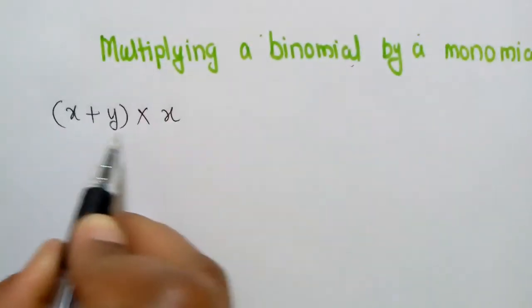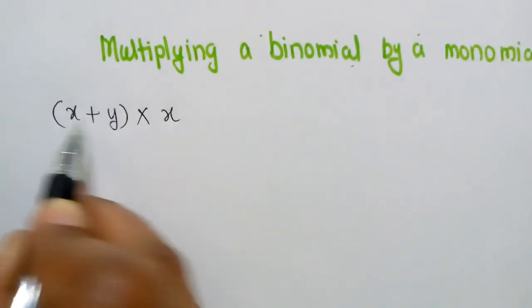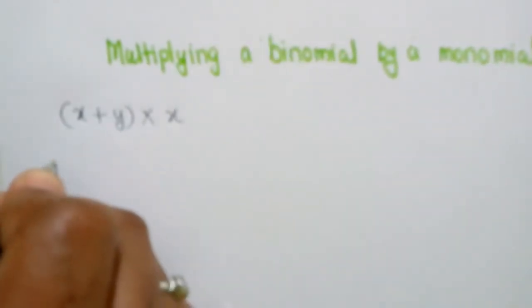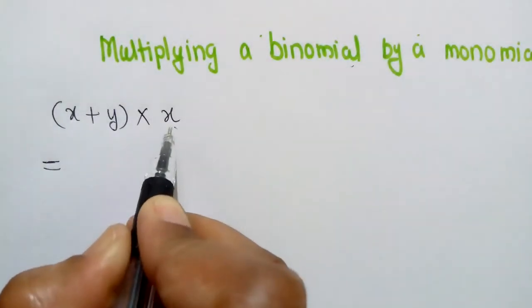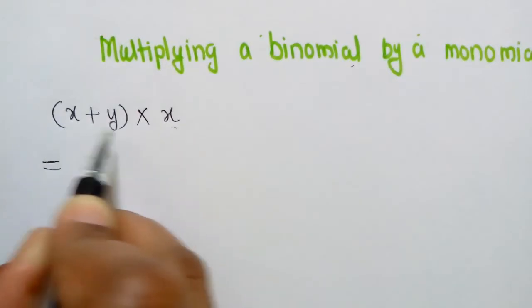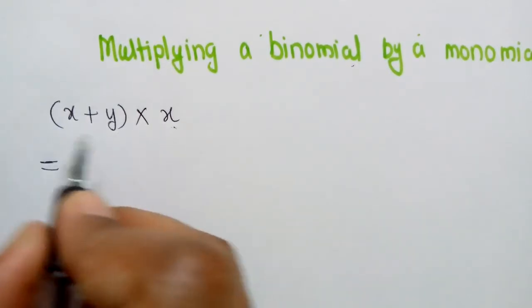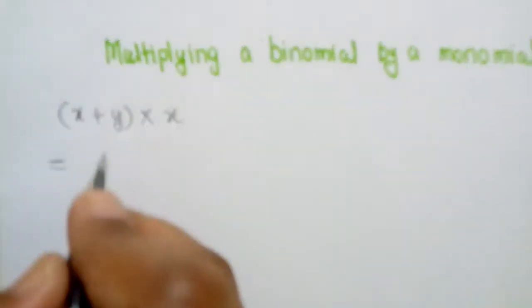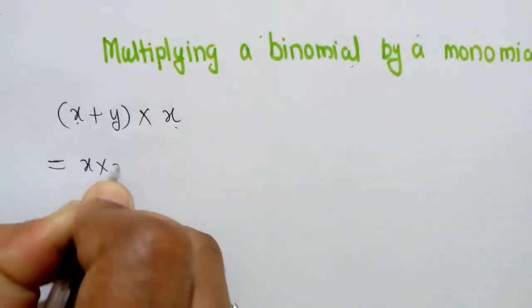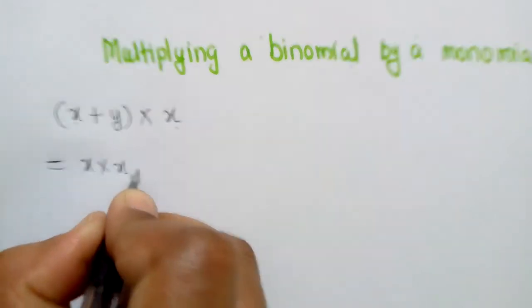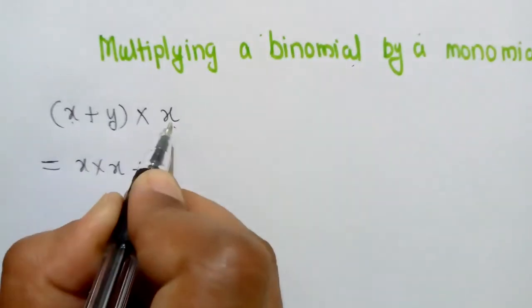This is a binomial, two terms are there, and this is a monomial. So how to multiply? By this x, you have to multiply every term given in the bracket. So the first term is x. We will multiply x and this x, x into x. In the middle you will give a plus sign, and then y into x.